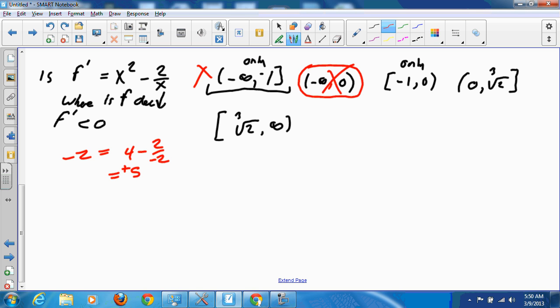Looking at the third answer choice, between 0 and negative 1, so we're getting to a tighter and tighter interval here. Let's pick an easy number like negative 1/2. If you square a negative 1/2, you get what? Positive 1/4, and then you're subtracting 2 over negative 1/2.